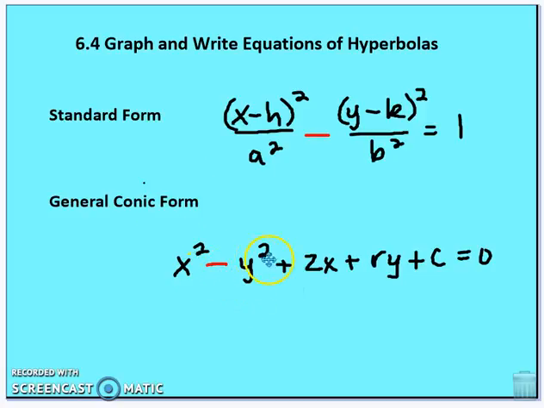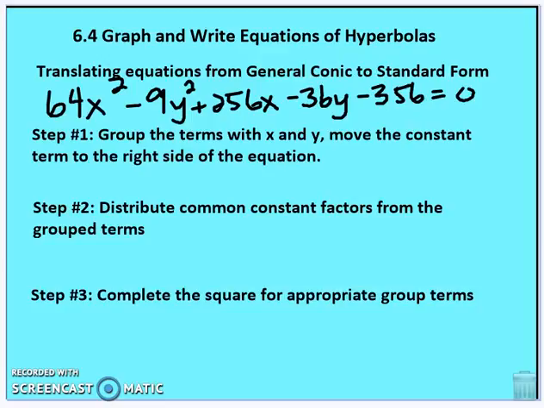But when it's negative y squared, for at least the values that I give you in the conic sections, if we have two squared values, it's going to be a hyperbola.